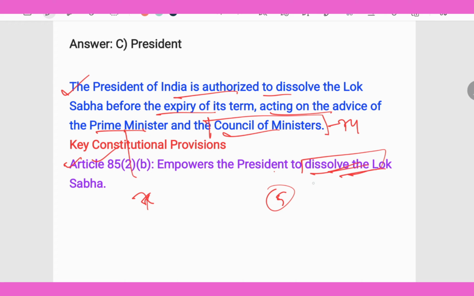Here you have to remember, generally the Lok Sabha term is 5 years, but in the case of national emergency, article 352, the Lok Sabha can be extended 1 year at a time, but any number of times. Remember, 1 year at a time, but any number of times, in the case of emergency. So according to the Constitution, there is no fixed term of Lok Sabha.